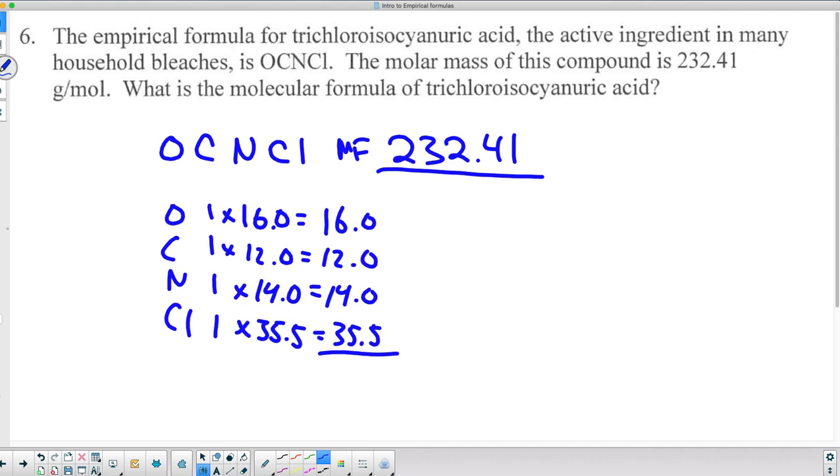I add these all up. I'm going to do it right here on my calculator so I don't make a mistake. 16 plus 12 plus 14 plus 35.5 equals 77.5. This is the number that goes down here. So I divide those two.